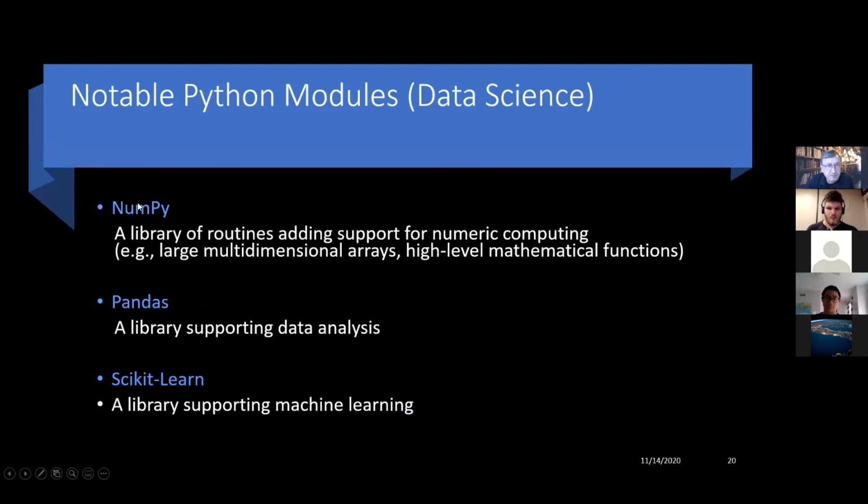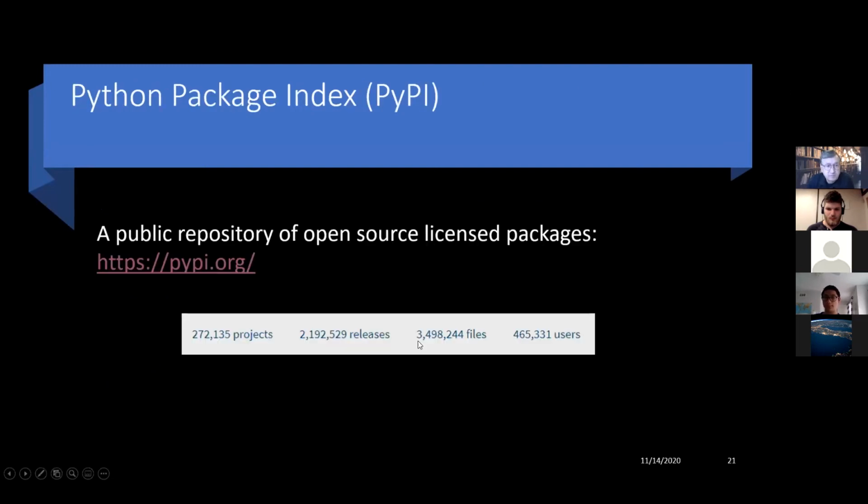I said there's a lot of third-party modules. Some particular modules that are used in data science: NumPy is very big, pandas and scikit-learn are very big in the data sciences. Here's a public repository of all the packages available.